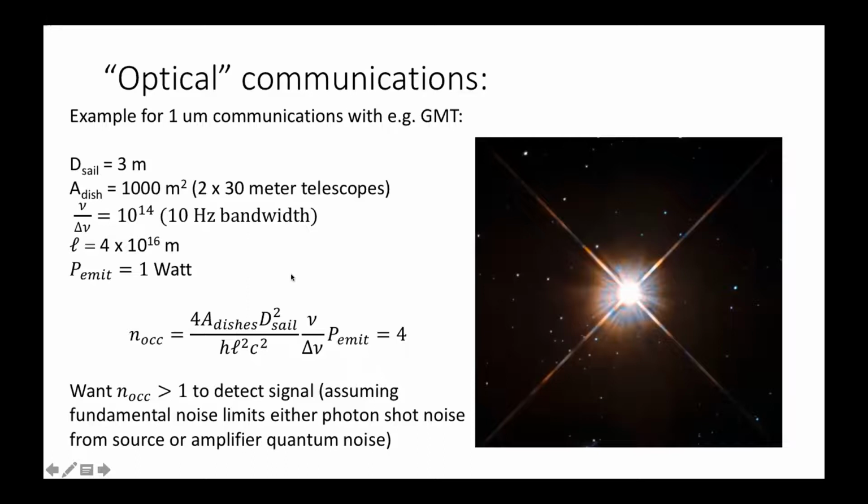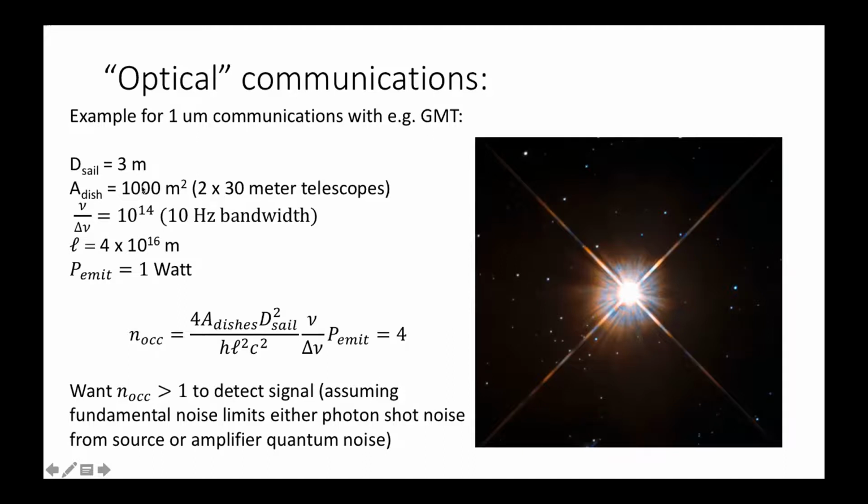And here are a few examples. I've used 3 meters as a sail diameter instead of 2, though it's probably more like 2. But you can imagine we're actually building two 30-meter optical telescopes, at least, that are projects currently being discussed.